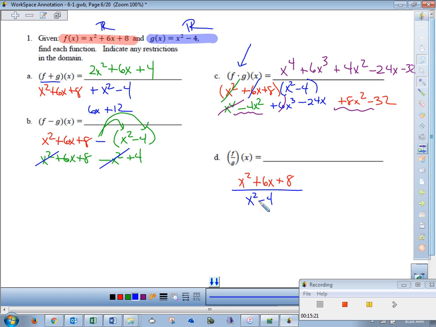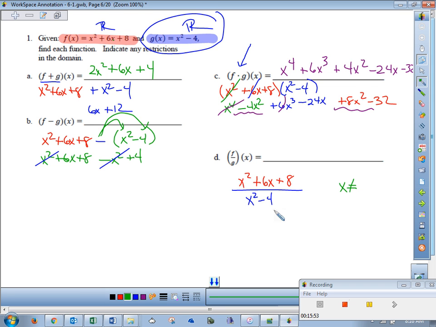So first of all, he was cool by himself. Every x value worked by himself, all reals. But when we put him in here, now we've got problems because we're taking a function divided by another function. Can you tell me what x can't equal in this one?